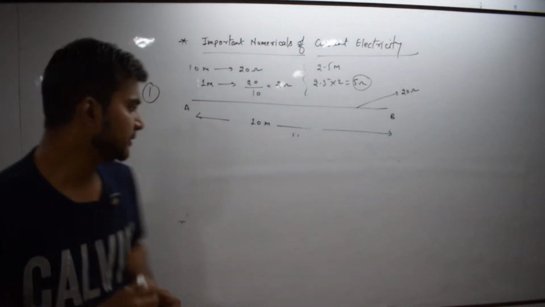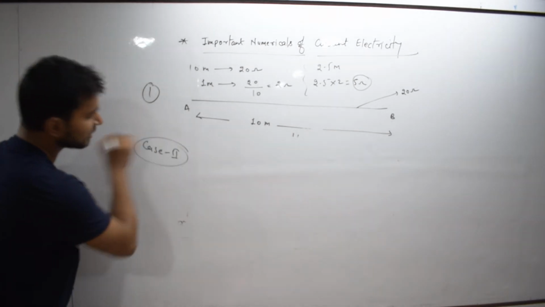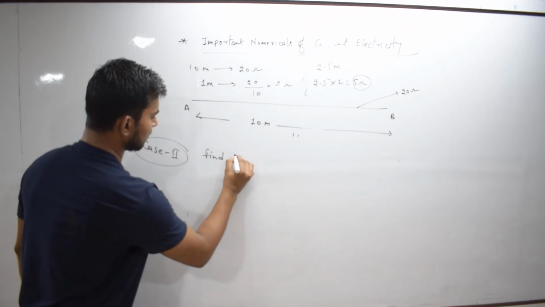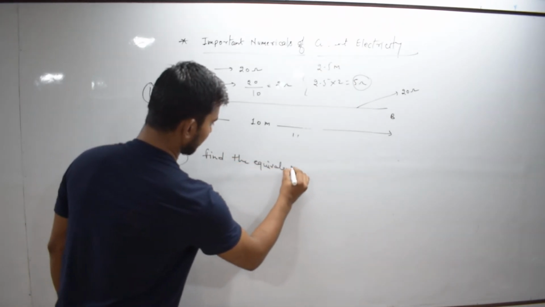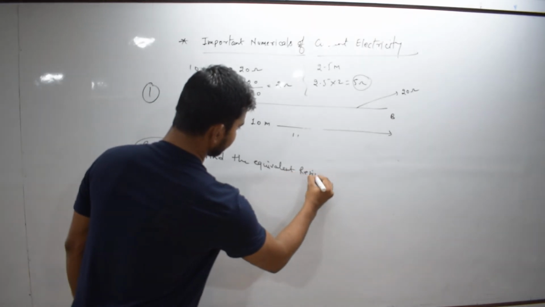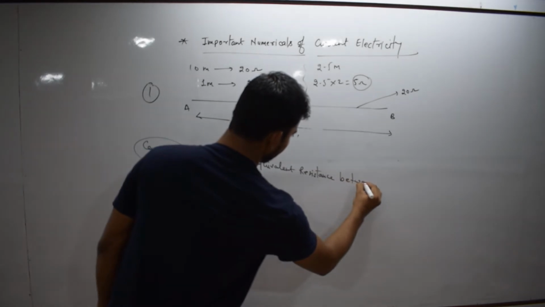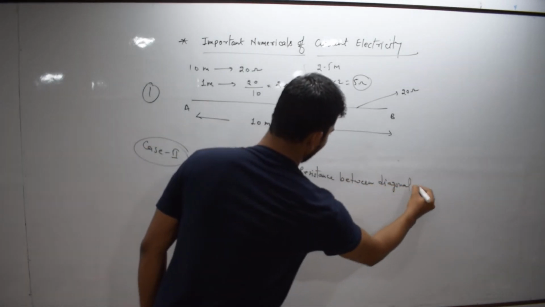It is our case 2. In case 2, they are saying find the equivalent resistance between diagonal ends.